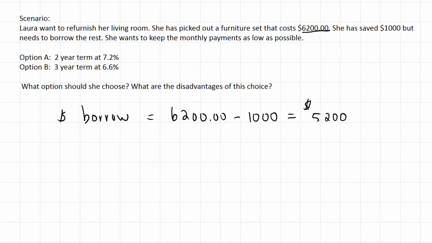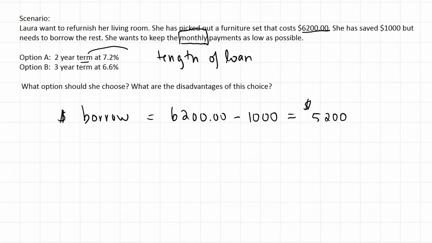So this is the amount she's going to borrow. And she's going to make monthly payments. That's another word to be careful of when you start using the calculators. 2-year term means it's going to be 2 years to pay back. The term, remember, is the length of the loan.